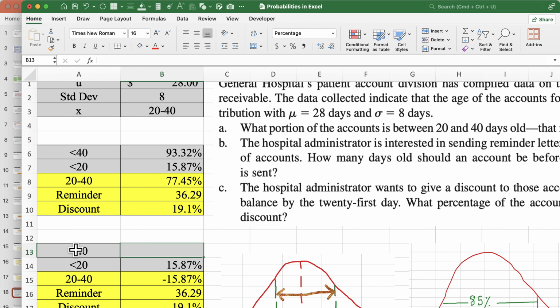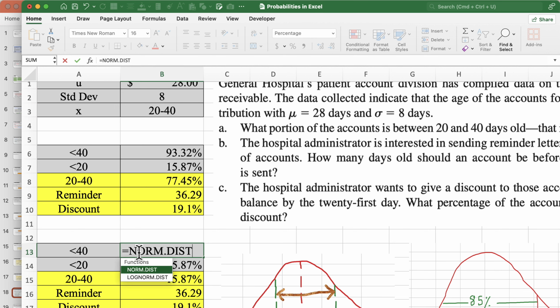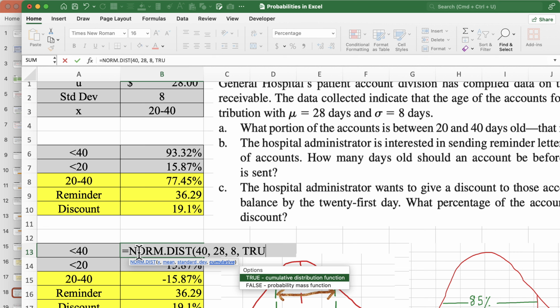So here, for example, if we want to calculate the probability of less than 40, our approach will be NORM.DIST, and then X is 40, mean is 28, and standard deviation is 8, and cumulative true. Yes, we are calculating cumulative probability because we want to calculate everything that's less than 40.